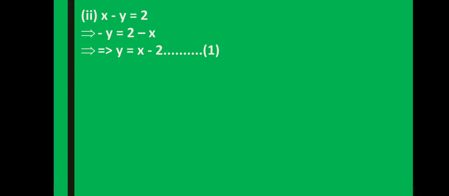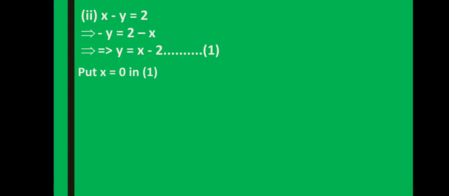That means y is equal to, x was with a minus sign in the previous equation, so it becomes plus, and 2 was with a plus sign, so it becomes minus. So y is equal to x minus 2 is equation 1.